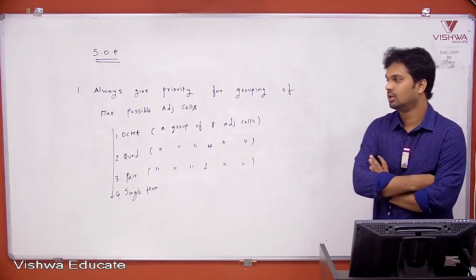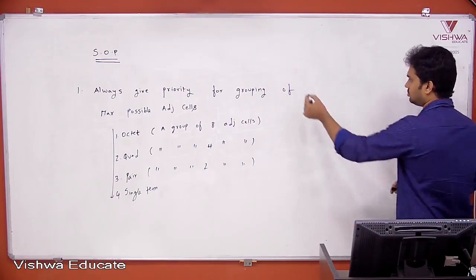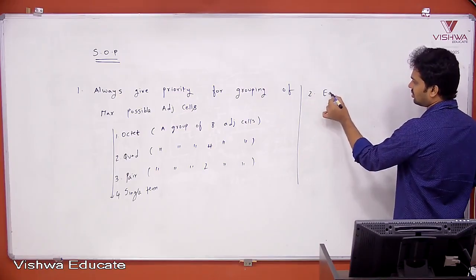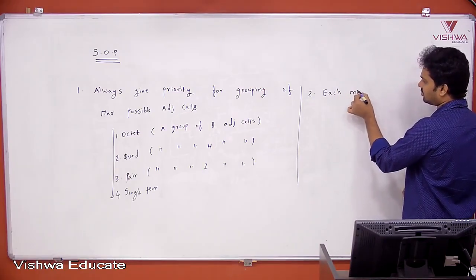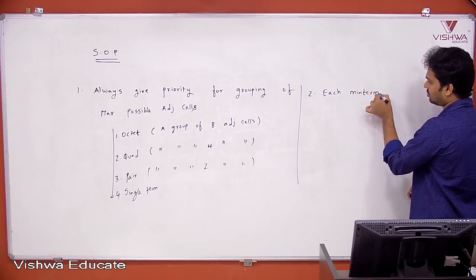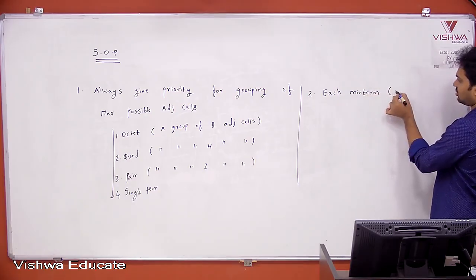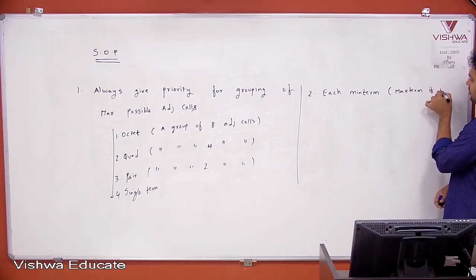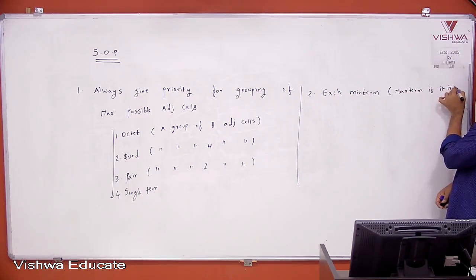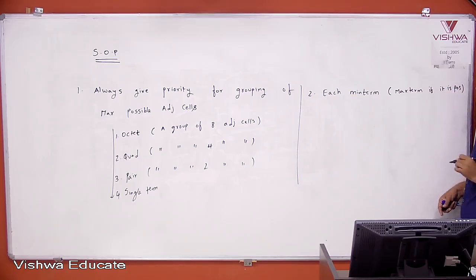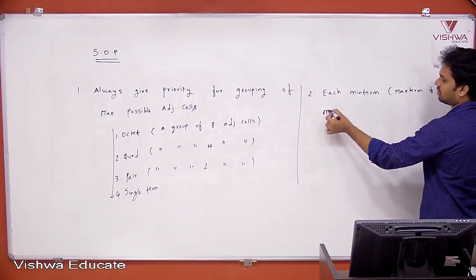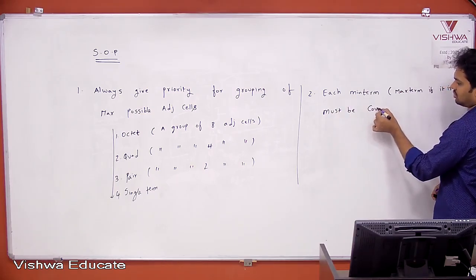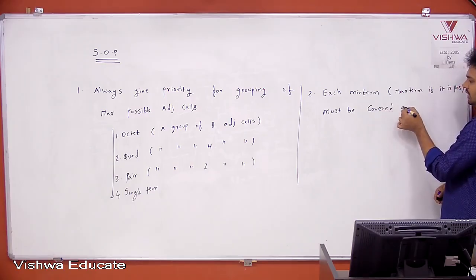Okay. Second point. Each minterm, and in brackets write down maxterm if it is POS, must be covered at least once.